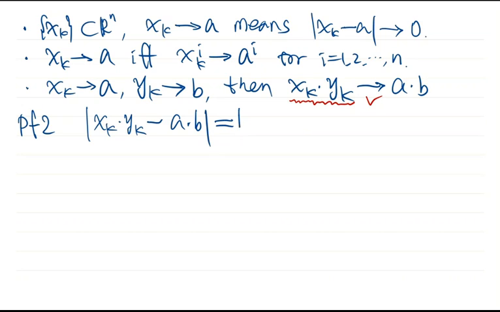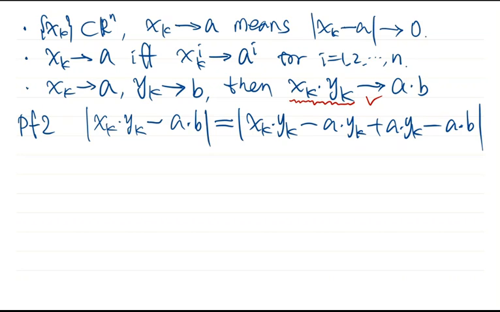So this can be written as xk dot yk minus A dot yk plus A dot yk minus A dot B.